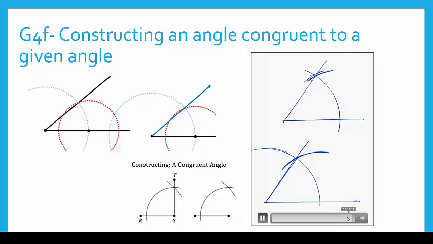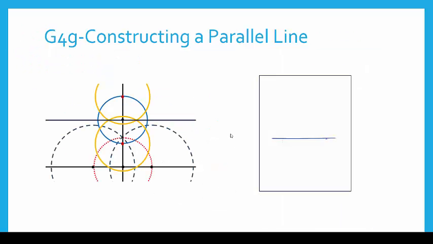Alright, so now we got our congruent angle. Now we're going to construct a parallel line, and there are a lot of steps here, but it's not too bad. Basically what you're doing is you're getting a perpendicular line through a point, and then you're going to use that again to get a perpendicular to a perpendicular, and so you can see kind of the chaos that unfolds here.